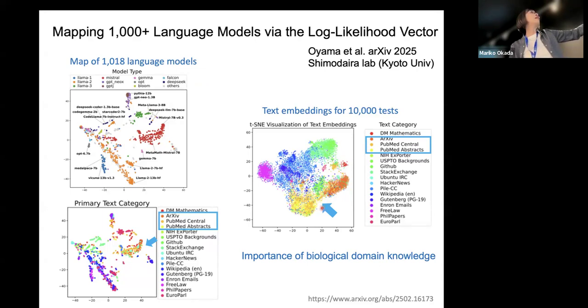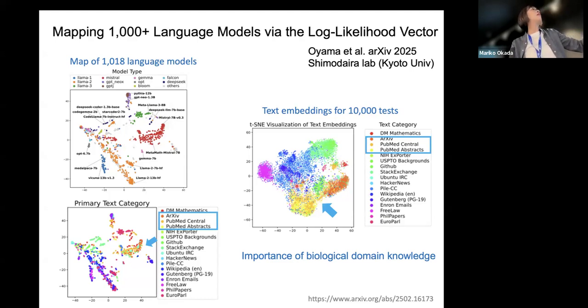This is an example of PubMed and arXiv, and they are close, but the models trained with, like, Wikipedia are very different. It means that when we utilize a language model, we need a language model trained with biological information.